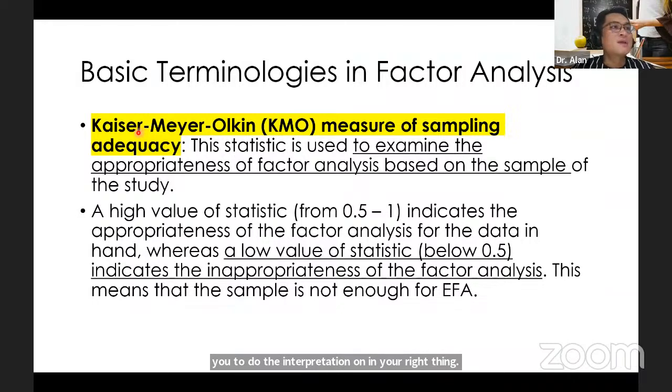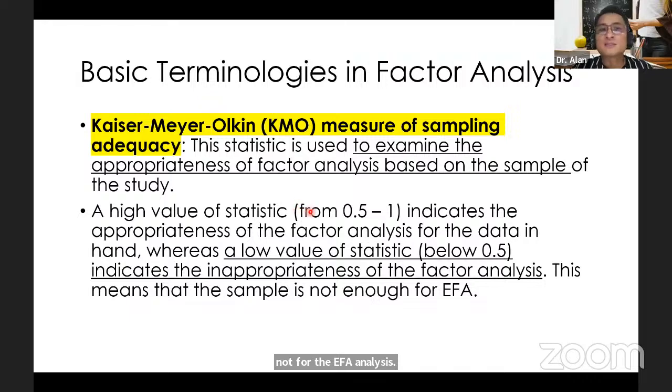Kaiser-Meyer-Olkin measure of sampling adequacy. This statistic is used to examine the appropriateness of factor analysis based on the sample of the study. So this KMO measure of sampling adequacy tells us whether the sample that we take is enough or not for the EFA analysis. How?